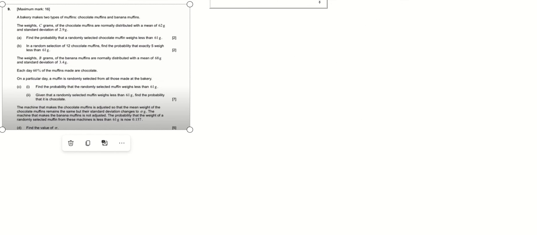Now for the last part. So the machine is adjusted, and now a chocolate muffin is normally distributed with a mean of 62, but since the machine was adjusted, its standard deviation is no longer known. So I will write down sigma square.